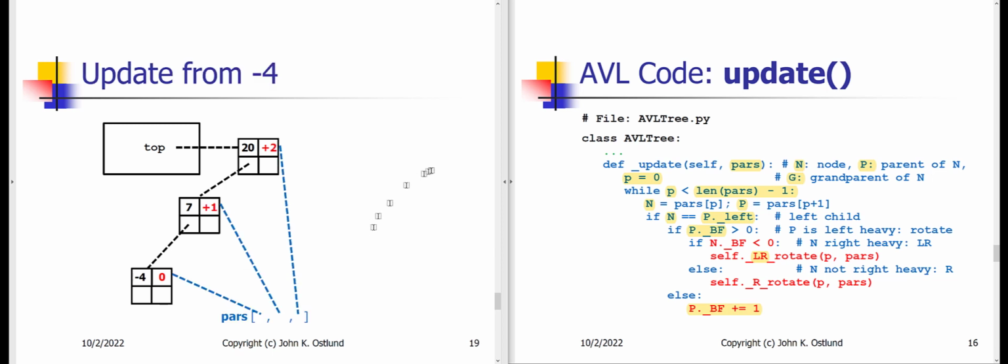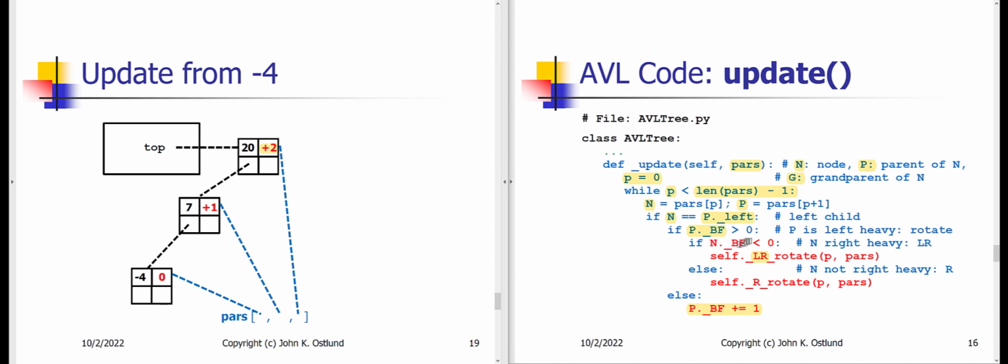In any case, our logic should discover that this balance factor has increased. It was +1, which is greater than 0. And that means we need to do some rotation.